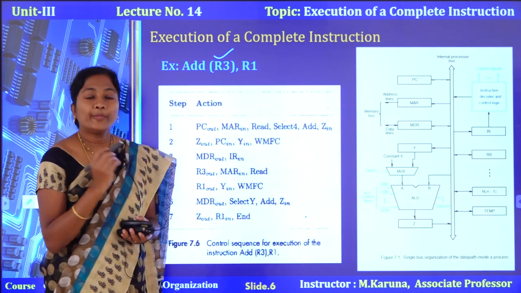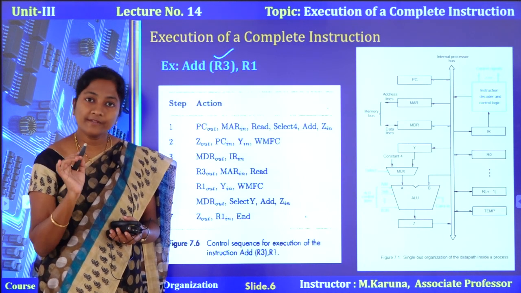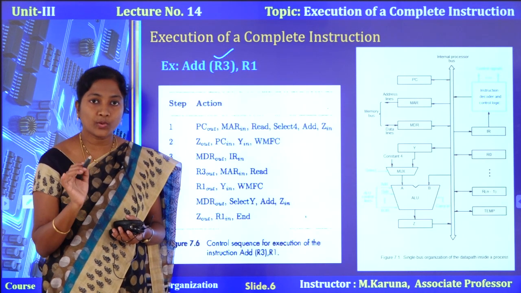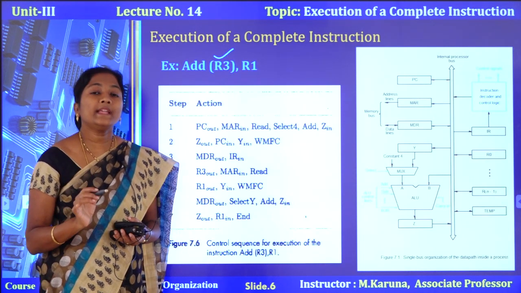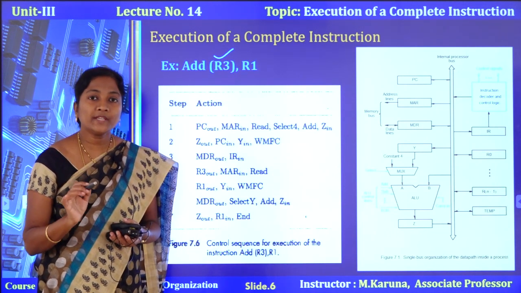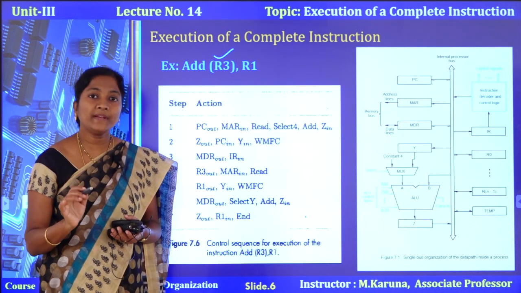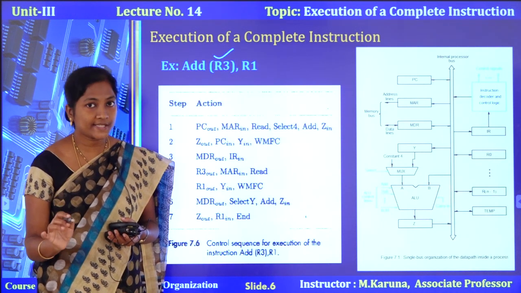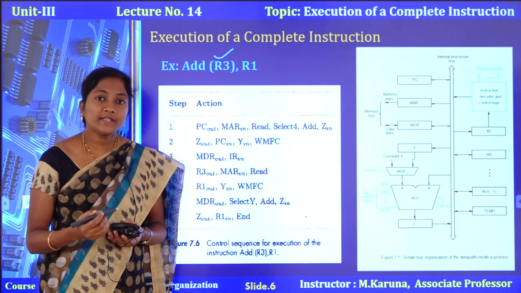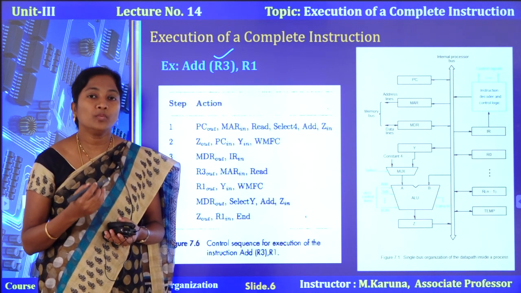In this case, processor needs to fetch the instruction code first, and then fetch the operand, then perform the operation on that data, and after performing, the output will be transferred to the destination register. Let us see what sequence of actions is required to carry out those operations.